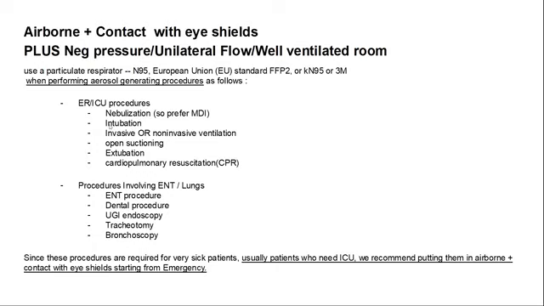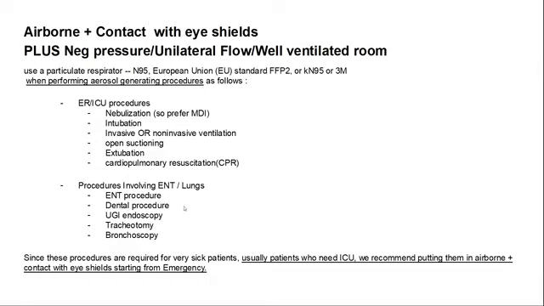The procedures are as follows: nebulization, intubation, invasive or non-invasive ventilation, open suctioning, extubation, and CPR, or procedures that involve ENT and lungs. ENT procedures, dental procedures, upper GI endoscopy, tracheostomy, and bronchoscopy.